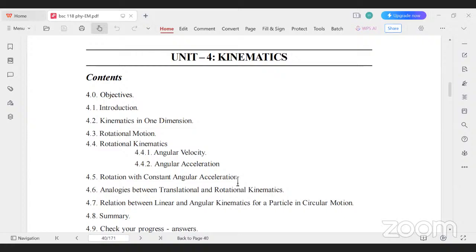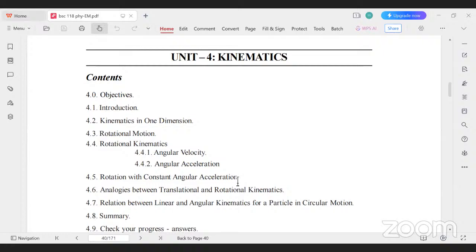What is a particle, and how does the particle start moving from one place to another? If we are giving some external force, how do things work? That we are going to study here in kinematics. Kinematics is nothing but the study of the motion of mechanical points. So what are the mechanical points?